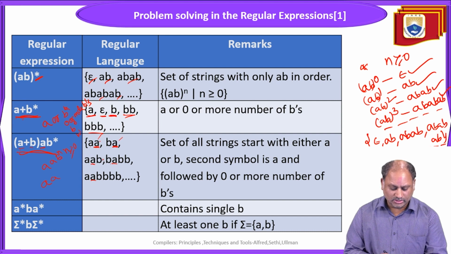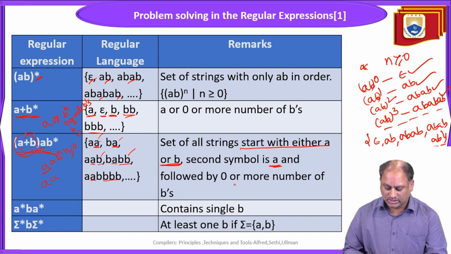Here also epsilon, here B power 1, B power 2, B power 3. So this is followed by any number of B's. This regular expression says that the first letter starts with either A or B. And what is the second symbol? The second symbol must and should be A only.